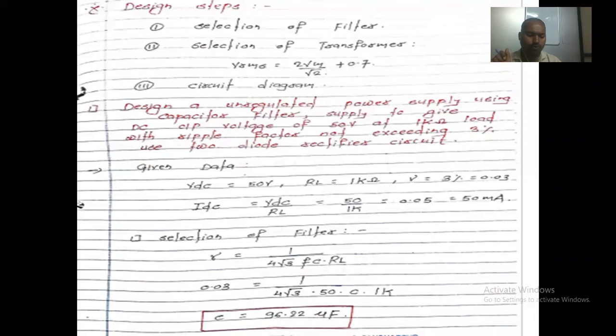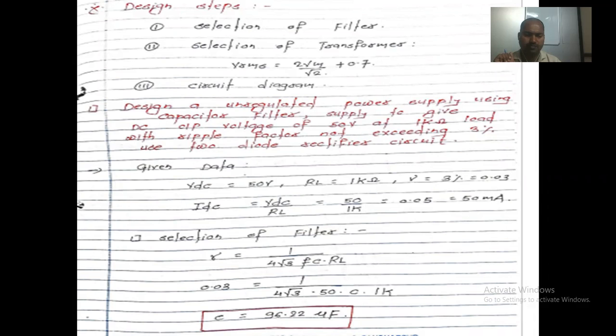Now calculate 1 divided by, in a bracket, 10.38 into 10 raised to 3, bracket complete.